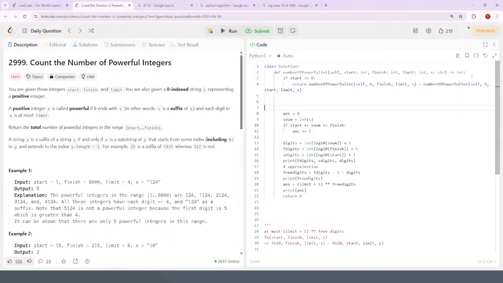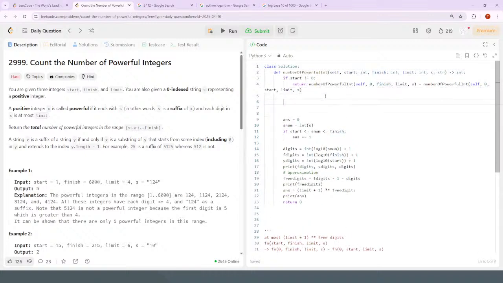Alright, so now I'm dealing with start is exactly 0. So I want to lower finish to the lowest, find the closest smaller power of 10.